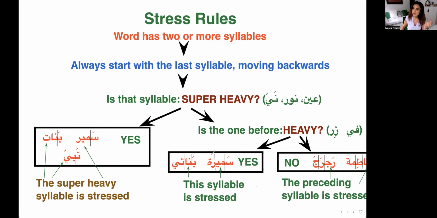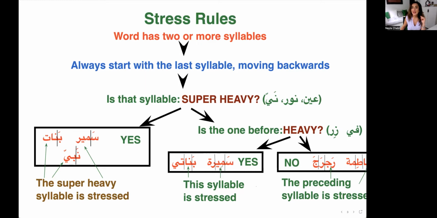Let's take the example Samira. Here we had Samir, now Samira. Look how now the stress changes. So here I already have figured out that the last syllable is not super heavy, so I go to the syllable preceding that.